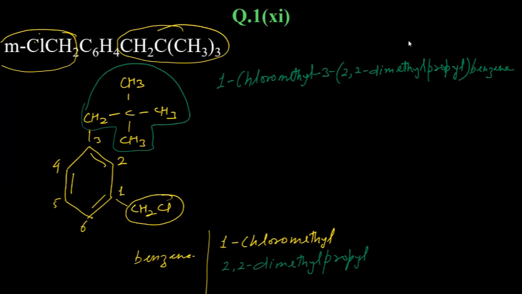The structure I explained: if the benzene ring has CH2 like this structure, it is a benzylic group. Yes, Dev.